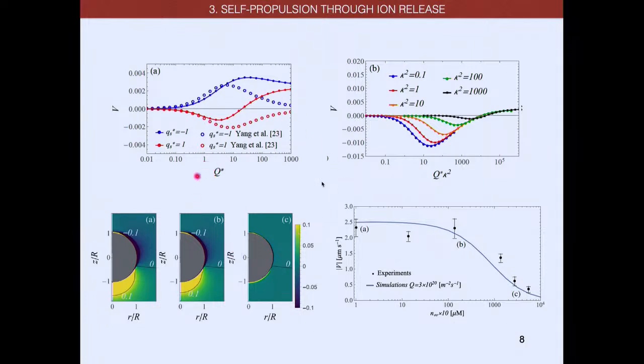Visually, what happens when we increase Q is this. In the low activity region, here, this is half a colloid and this is the numerical solution of the equations I was showing you. The color is the amount of salt. Greenish or bluish green is no charge, so here the charge accumulates very close to the surface.